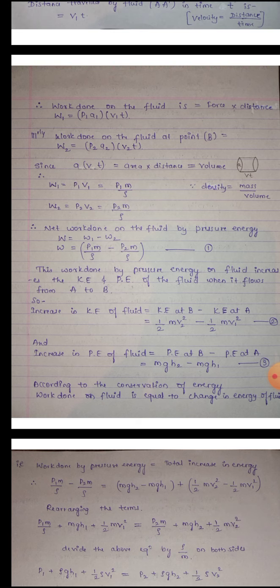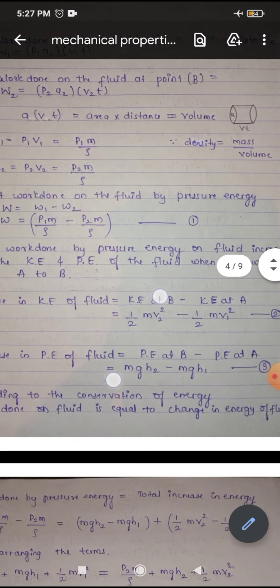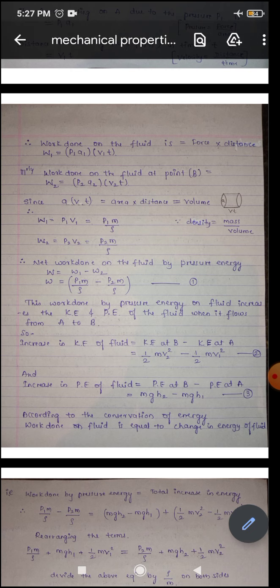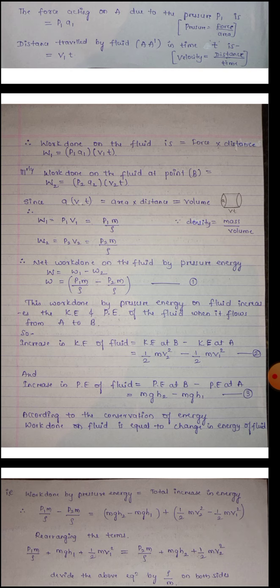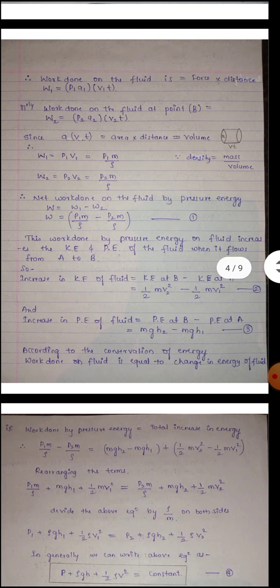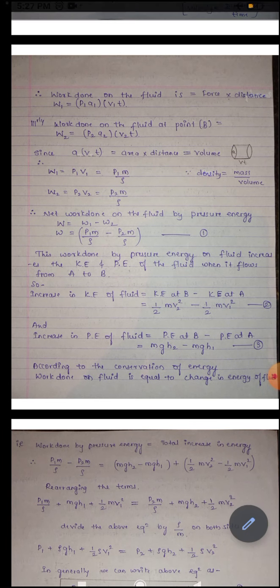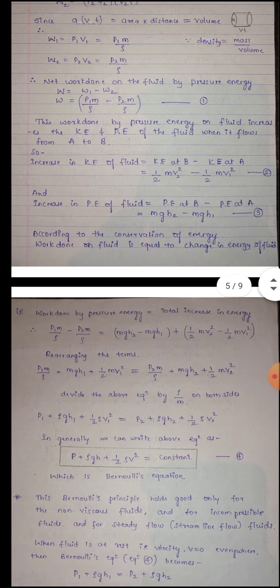So 1 by 2 m v2 square minus kinetic energy at point A, which is 1 by 2 m v1 square. This is the increase in kinetic energy of the fluid. Take it as equation number 2.